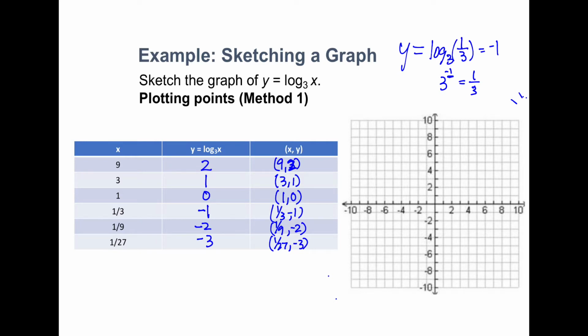So as we plot these out, 9 gives me 2, 3 gave me 1, and 1 gave me 0. And this part is a little hard to see, but if I go to a third, I go down 1. If I go to the right 1/9, I go down 2, 1/27.